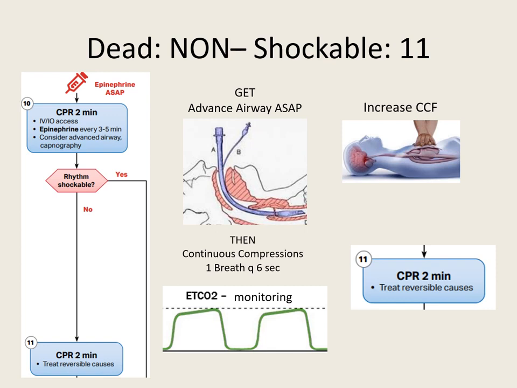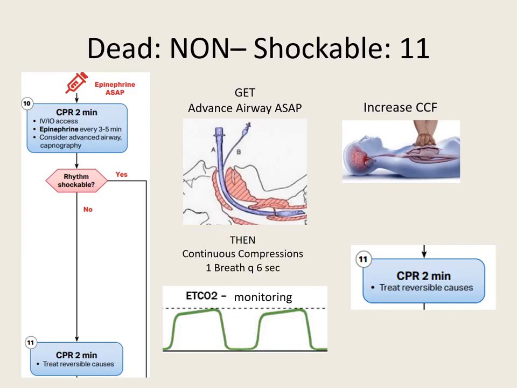Because in reality, good CPR in a person that may be able to survive has an end tidal between 10 and 20. So if it's below 10, you're going to try to improve that quality of CPR. So get the advanced airway early, so we can do continuous compressions with 1 breath every 6 seconds.